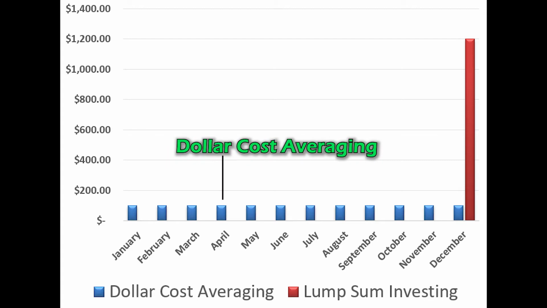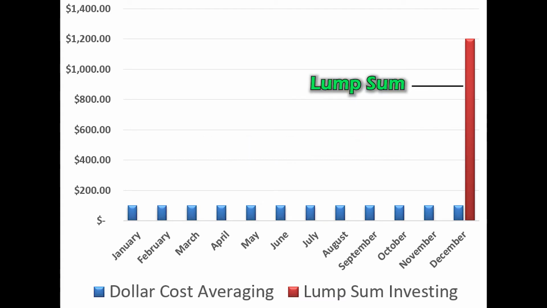As you can see here with the dollar cost averaging strategy, it's a lot of small payments that are made over time, versus this lump sum illustration that just shows all of the money invested right at the end. And if you notice, these investments are actually the exact same amount of money. It's not more with the lump sum or more with dollar cost averaging. It's just about when you're putting your money into the market.